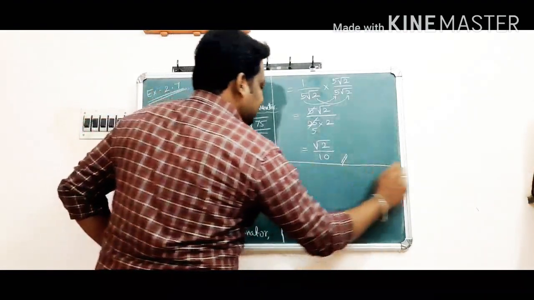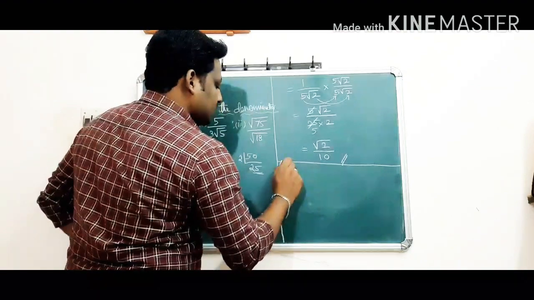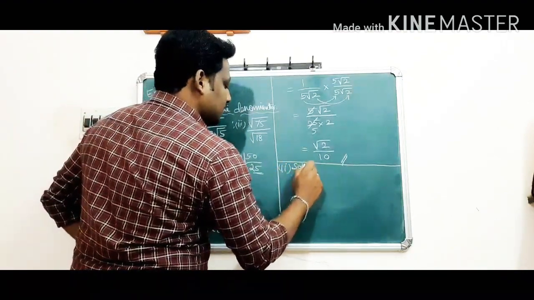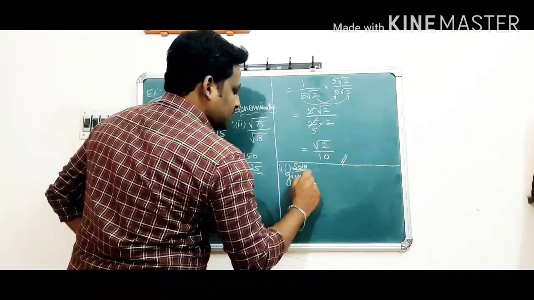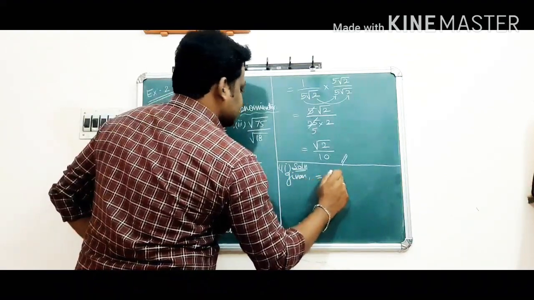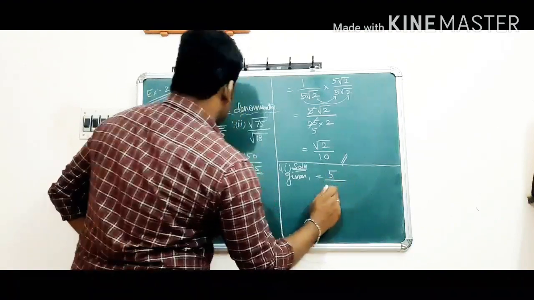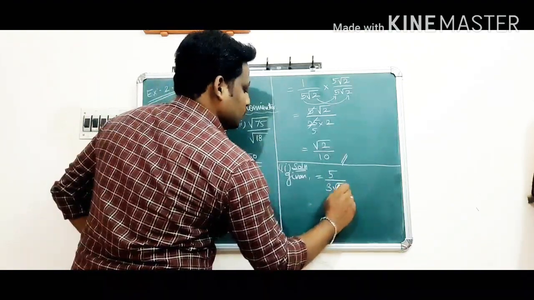Second question is 5 divided by 3 root 5. So what is given? Given is 5 divided by 3 root 5.